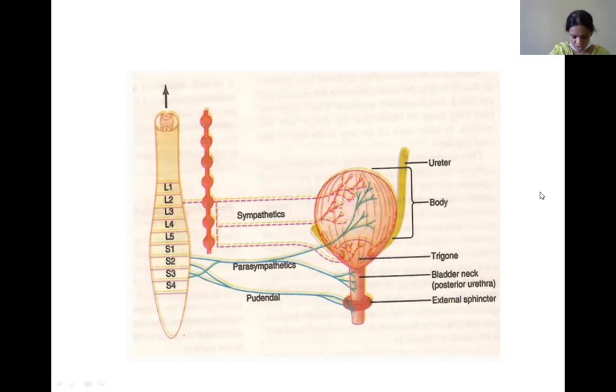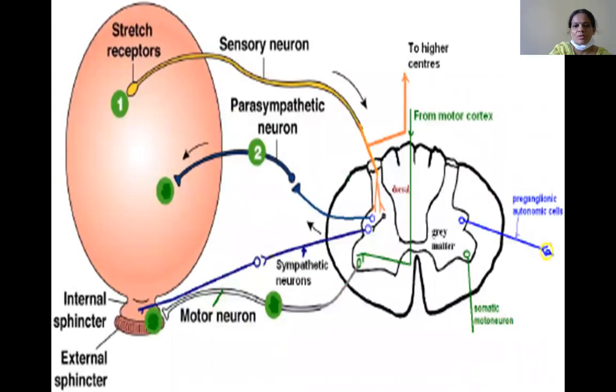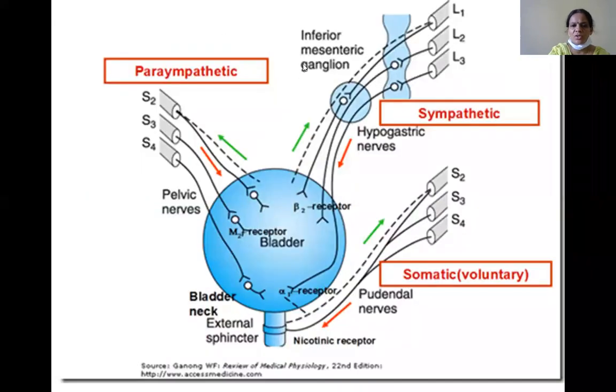Hope you have understood this micturition reflex. These are different images showing the same. This is the sympathetic through the hypogastric nerves, and the parasympathetic supplies the bladder as well as the internal sphincter by means of the pelvic nerves.